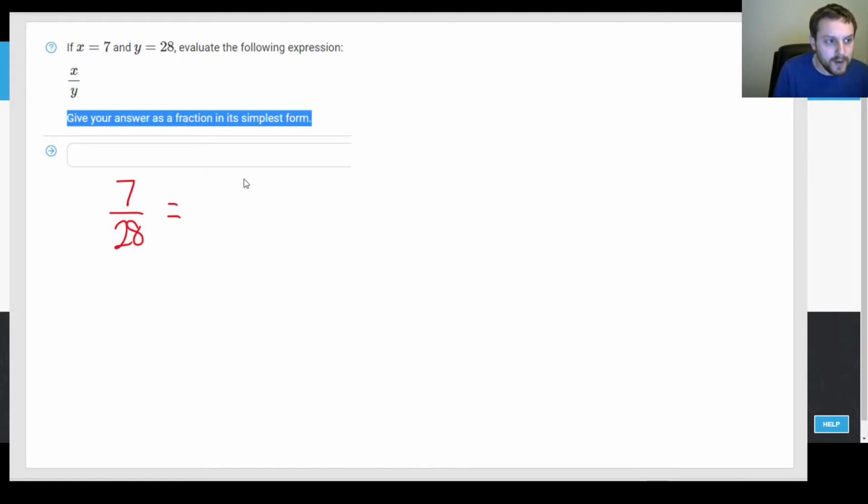So to simplify a fraction, you need to divide both numbers by the same thing to be left with something as simple as possible. So the number that goes into 7 that also goes into 28, and if you've got your times table grid, you can be on the lookout for a times table that has 7 in it and also has 28 in it.